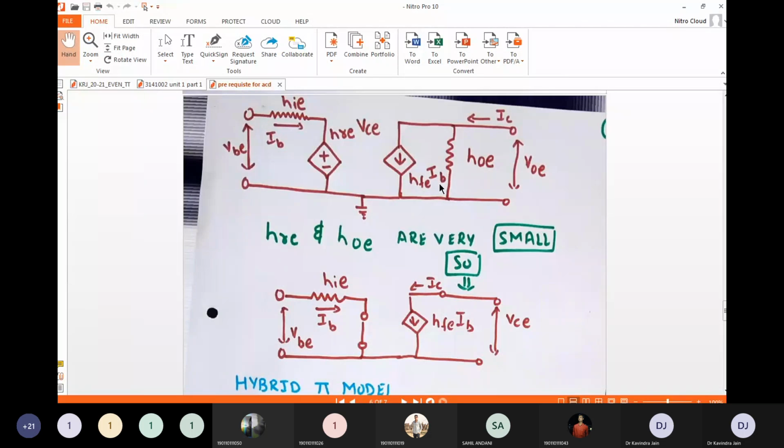Now, this was the H parameter AC equivalent model. Next, we are moving towards the hybrid pi model of CE configuration.